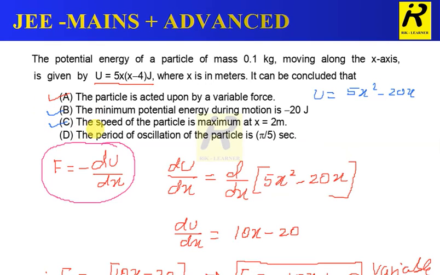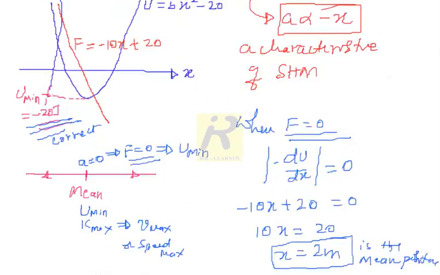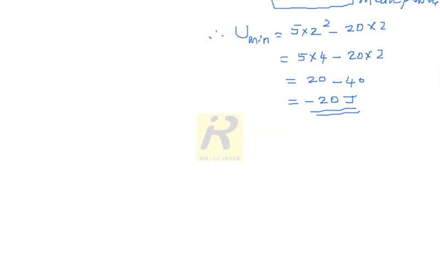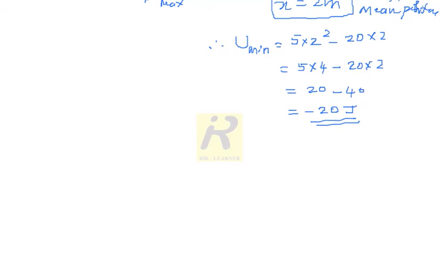Now we have to think about whether the period of oscillation of the particle is pi by 5 seconds. That should be proved whether it is right or wrong. If it is right, it should be proved, otherwise we have to show it is wrong. So potential energy can be written as U equals half m omega square x square. This is in one dimension.